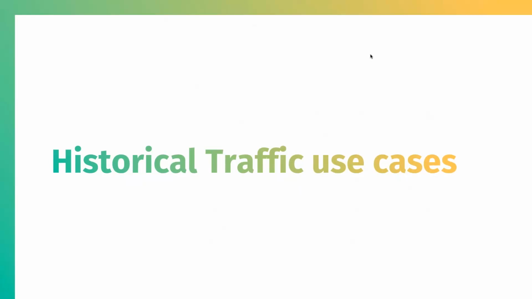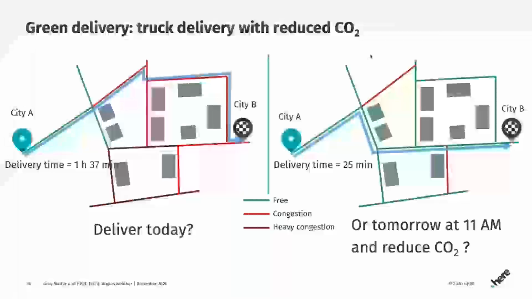How can we recommend using our traffic products? I would like to present several use cases. First example, green delivery. We all should think and work on how to reduce carbon footprint. Using historical data, it's possible to predict estimated time of arrival, do predictive routing, and understand the best time to reduce delivery time.